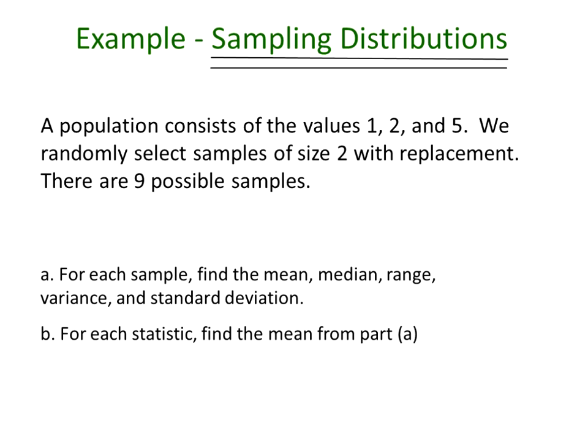So we have a controlled population, and this population just has the numbers 1, 2, and 5 because it's easy to work with. And we're going to be randomly selecting samples of size 2, but we're doing this with replacement. So I need to find out how many samples of size 2 can be obtained from this population of 3 numbers when I'm using with replacement.